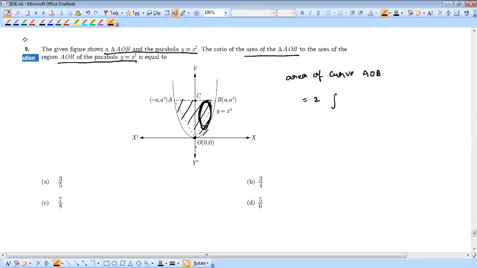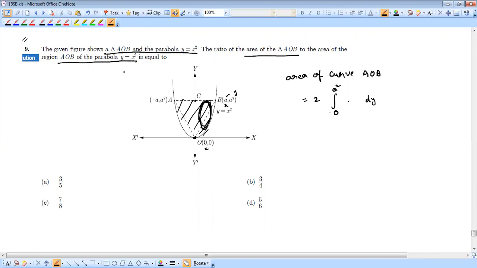integration. The lower limit will be 0, the starting point. The ending point here, if you take it as (a, a square), the x value is a and the y value is a square. So up to a square, and you have to write with respect to dy. Then we need the function also in terms of y.